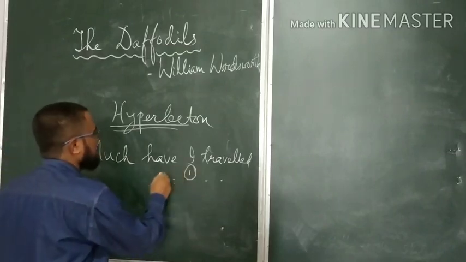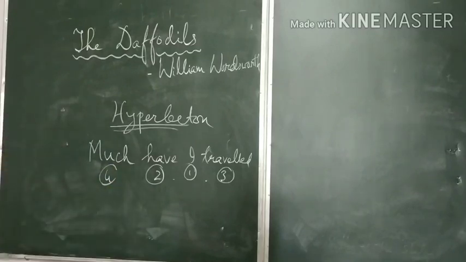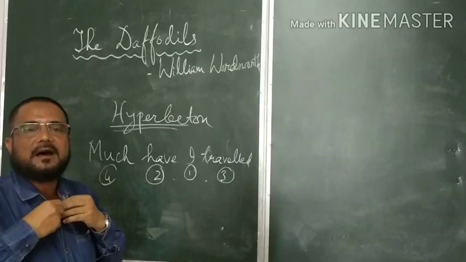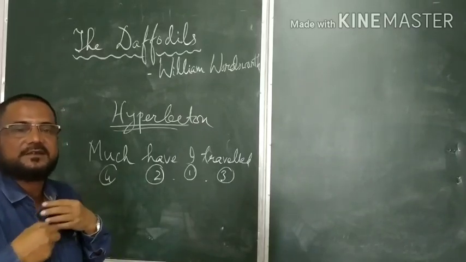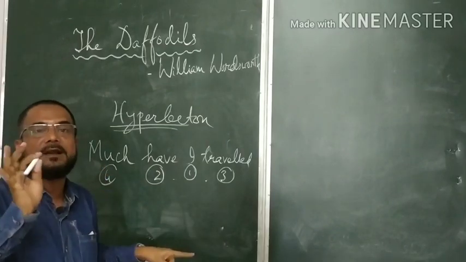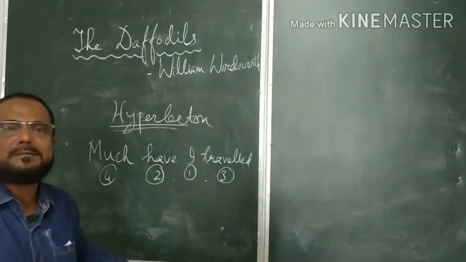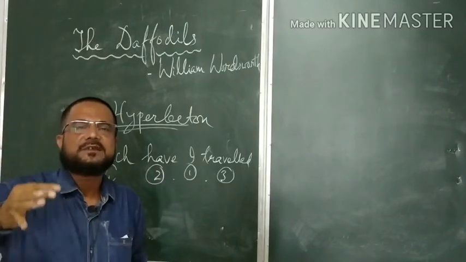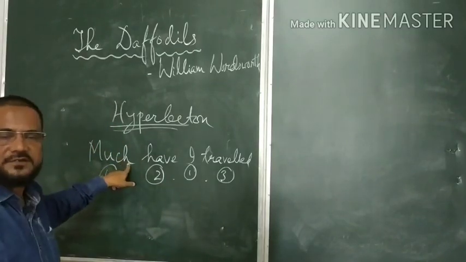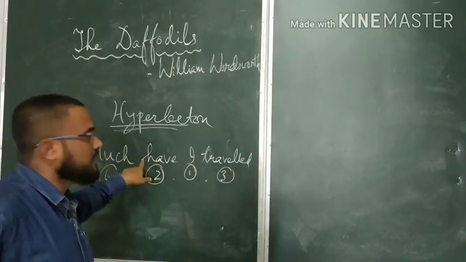This should have come first, this second, this third. This should have been the order of words in the sentence. But instead of saying this, the poet is saying, "Much have I travelled." By using words in this way, he is emphasizing on much, that my traveling, my journey is a lot. He is emphasizing the hugeness of his traveling. So "Much have I travelled in the realms of gold" by Keats is an example of hyperbaton.